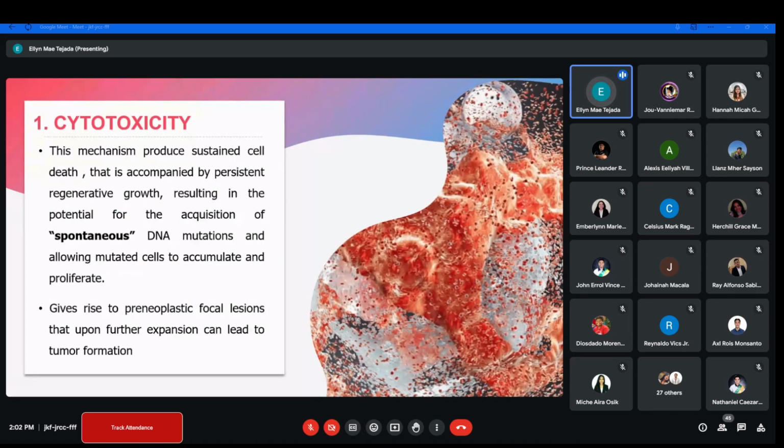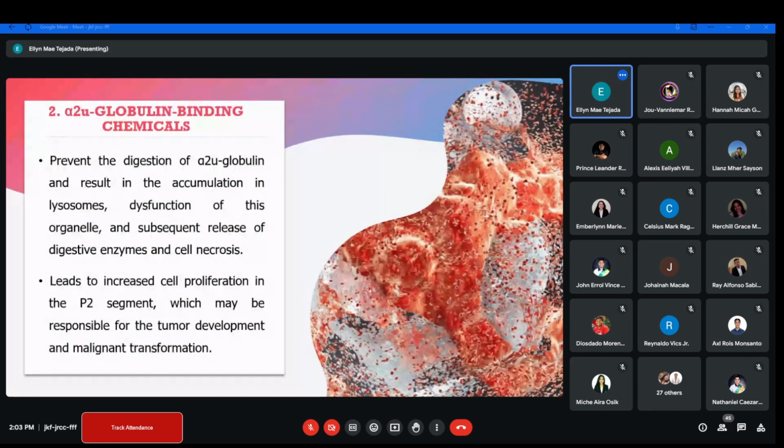So these are added notes for cytotoxicity and the rest of the 8 factors. So I'll just go over this.